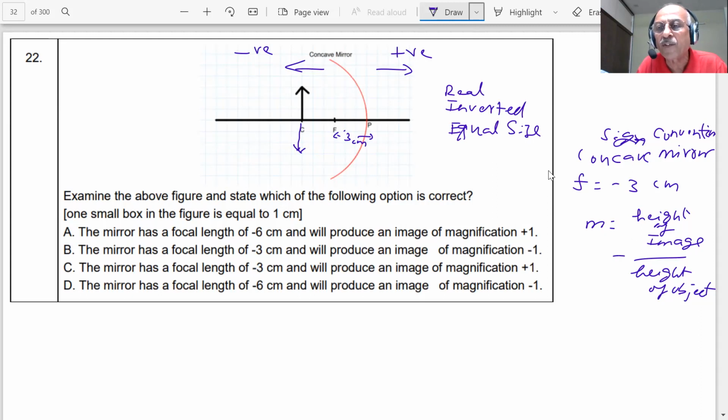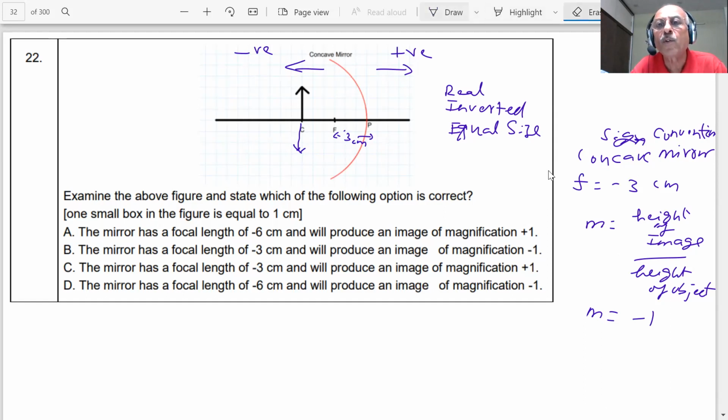Then what is the magnification? The height of the image and height of the object are the same, so this is 1, but the sign will be negative because the image is inverted. Therefore, students, we know the rules and sign convention. Mirror formula for the concave mirror, let me not put any doubt here.